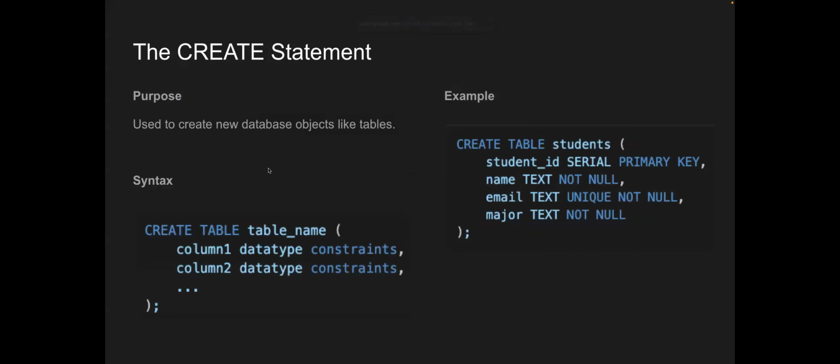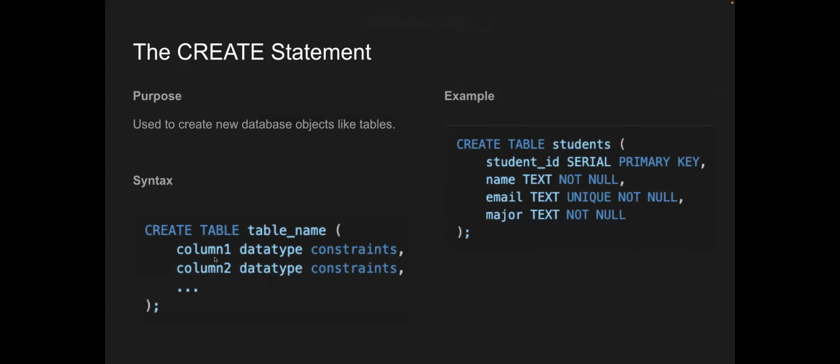Now, there is another statement that you have been playing around with, and this is called the create statement. So we learned that if you want to create a table, you might need to put the words create table, and you need to put the column, the data types, and then the constraints.